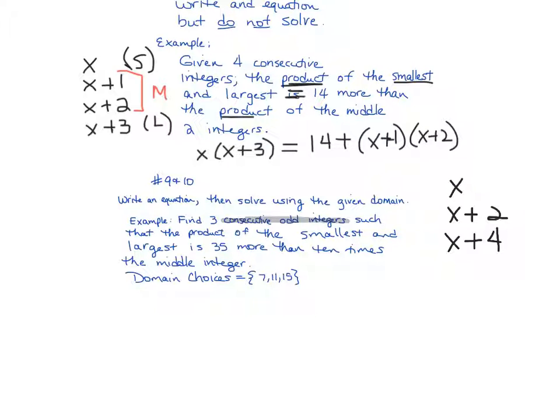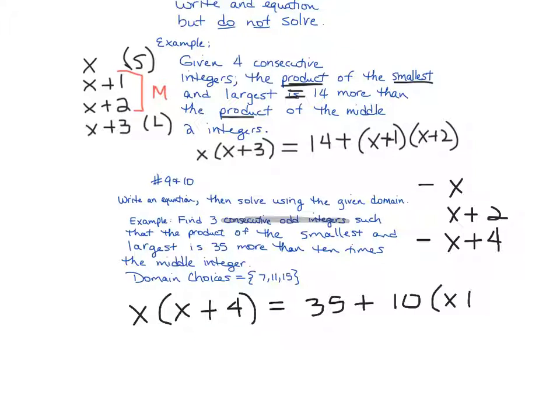So now I'm going to write my equation. Here it says, find 3 consecutive odd integers such that the product of the smallest, so this is my smallest, and the largest, so the product means multiply them, is 35 more than 10 times the middle.